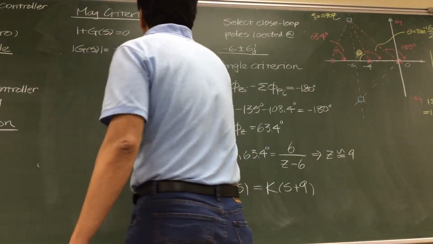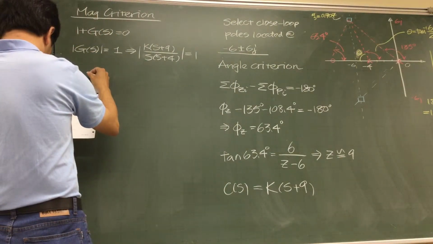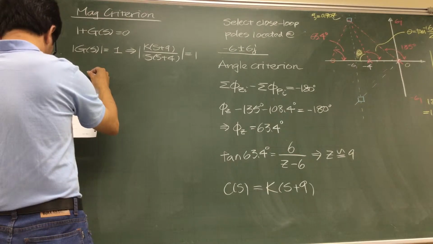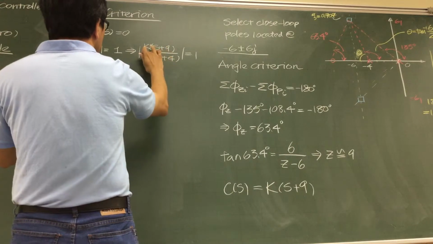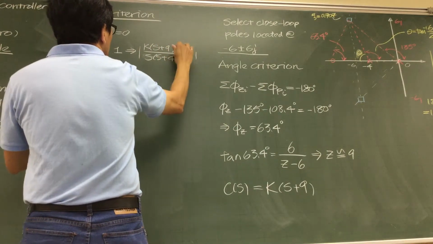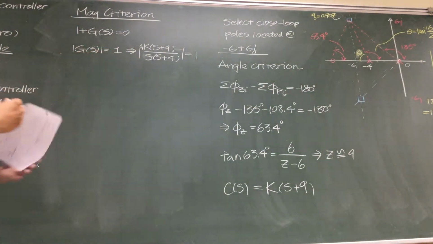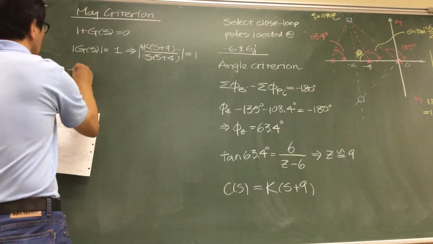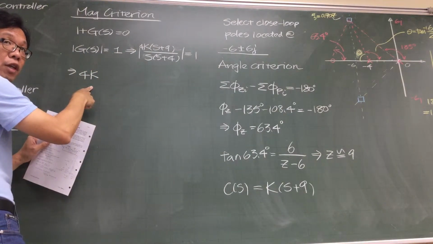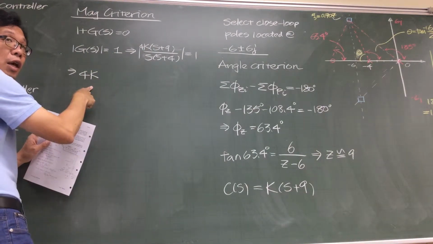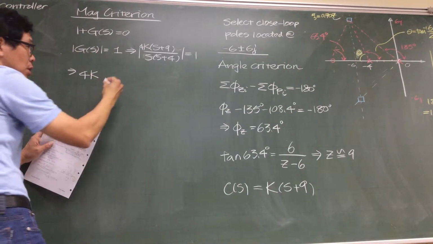So, in other words, I think I made some mistake. It should be not by 4, right? Let's close the loop with 4 constant over here. So 4K. I'm not going to put the absolute value over here because K is a constant, and we never had negative feedback, negative gain in our system.